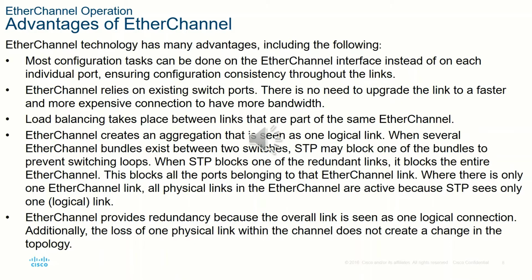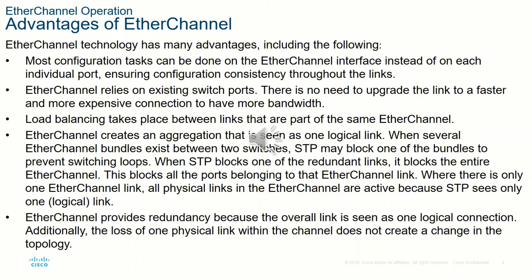When STP blocks one of the redundant links, it blocks the entire EtherChannel. This blocks all the ports belonging to the EtherChannel link. Where there is only one EtherChannel link, all physical links in the EtherChannel are active, because STP considers it as one single logical link.